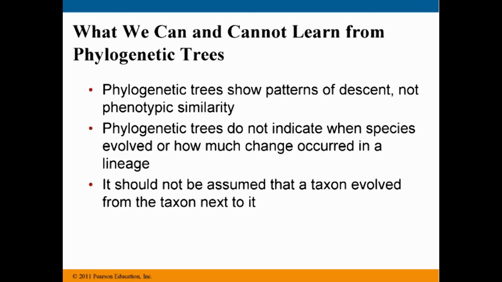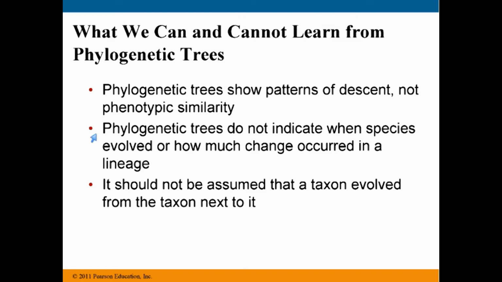So what can we and what can we not learn from phylogenetic trees? When you're looking at a phylogenetic tree, you're looking at patterns of descent. You're not looking at any sort of phenotypic similarity. Okay? Just patterns of descent.